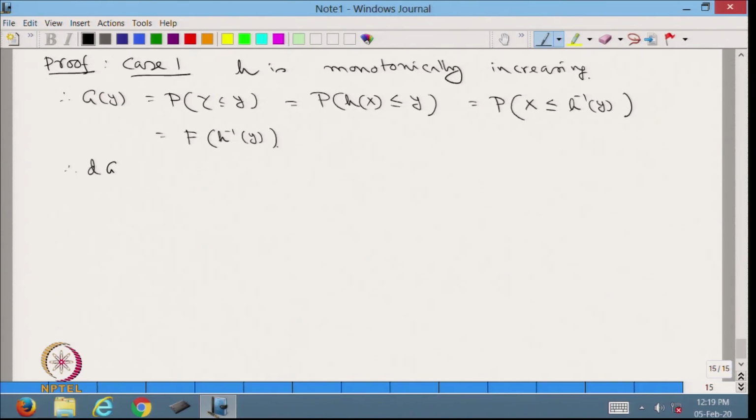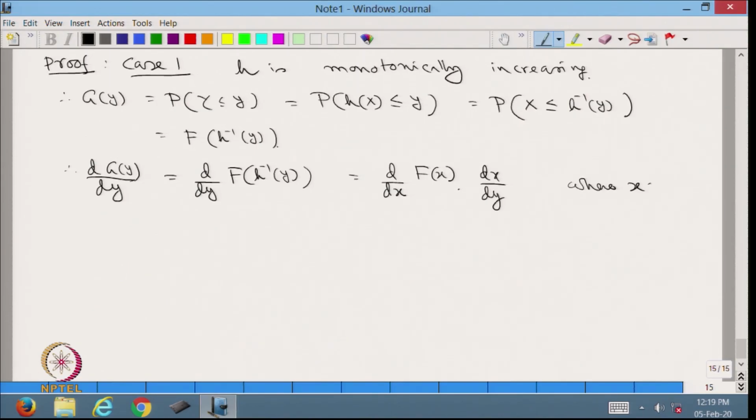Therefore, dg/dy is equal to d/dy of F of h inverse y, which is equal to d/dx of F(x) multiplied by dx/dy, where x is equal to h inverse y, which is equal to f(x) times dx/dy.